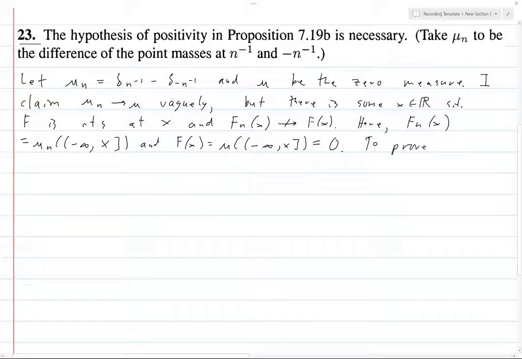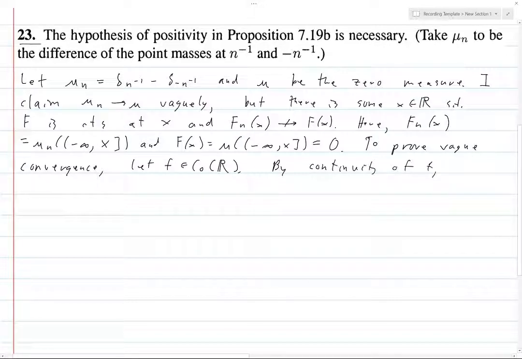To prove vague convergence, consider any f in C0R. By continuity of f, we know the integral of f d mu n is equal to f of n inverse minus f of minus n inverse.